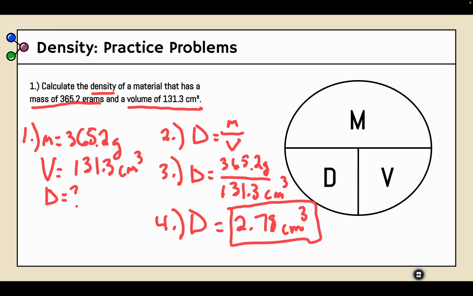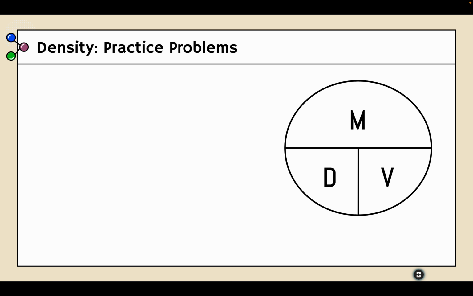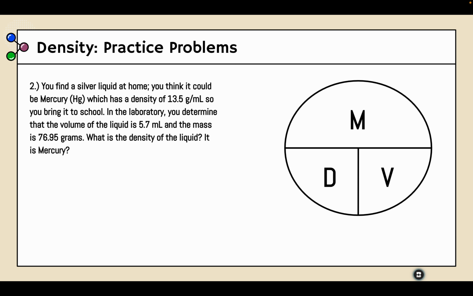Okay, so we'll go ahead and jump to this one. This question says you find a silver liquid at home. You think it could be mercury, which is labeled as Hg, which has a density of 13.5 grams per milliliter. And what's interesting is mercury in its natural state is actually a liquid. It's a metal, but it's a liquid. So kind of cool. In the laboratory, you determine that the volume is 5.7.